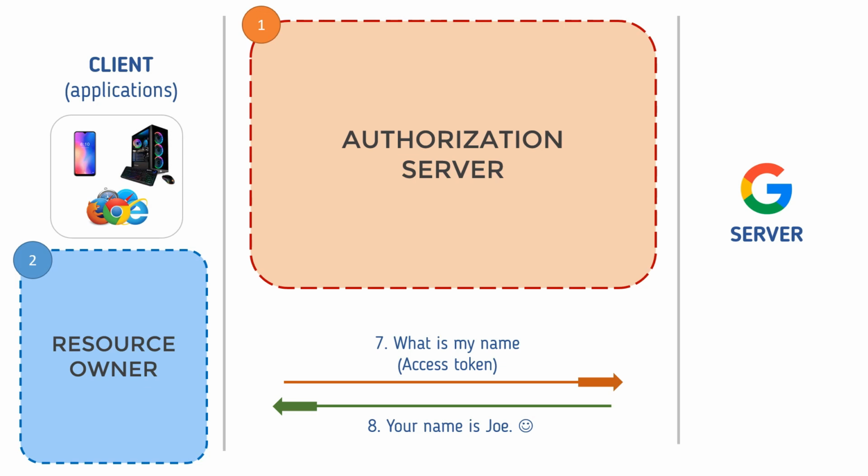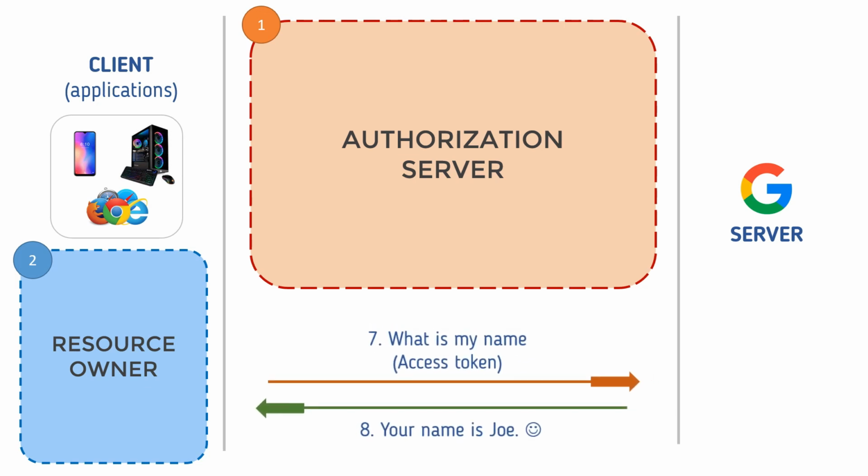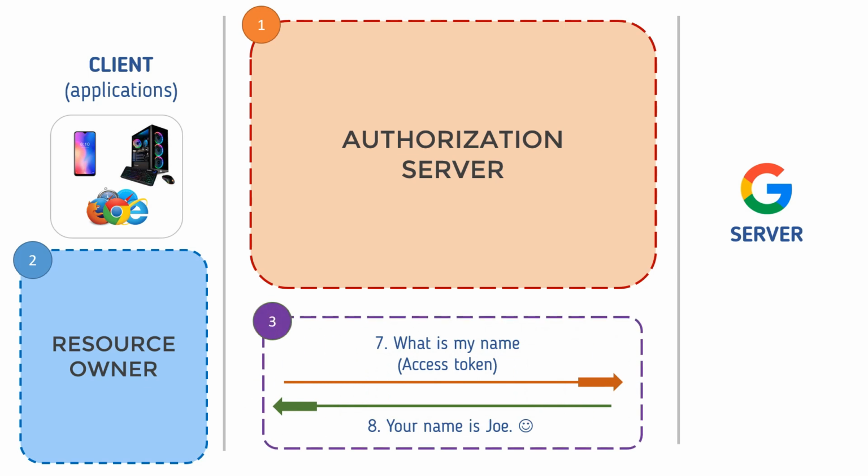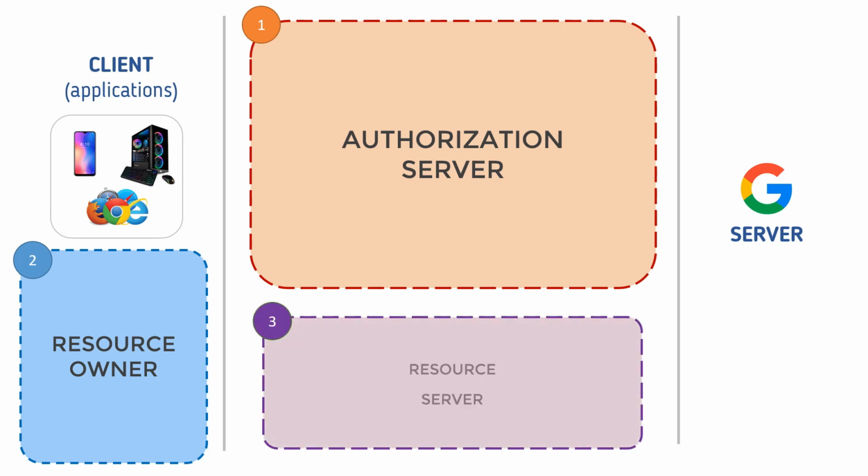So when we look into step number 7 and 8, here we are dealing with an entity called a resource server. So basically in open authentication, there are three entities that our application deals with: an authorization server, a resource server, and a resource owner. So resource owner is clear because he or she is the person who is the owner of the resource.